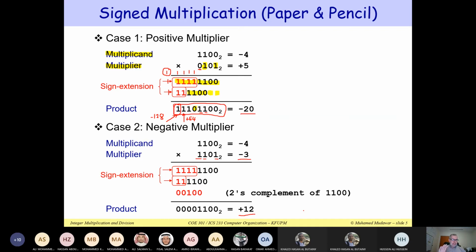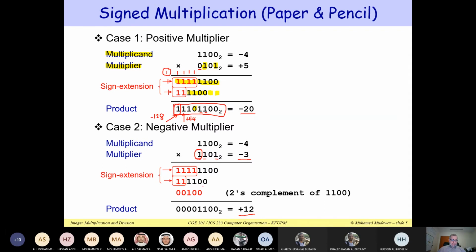We'll just keep them negative and multiply them directly. The trick is when you are multiplying by the most significant bit of the multiplier, which has a negative weight. As before, we take each bit of the multiplier and multiply it by the multiplicand.